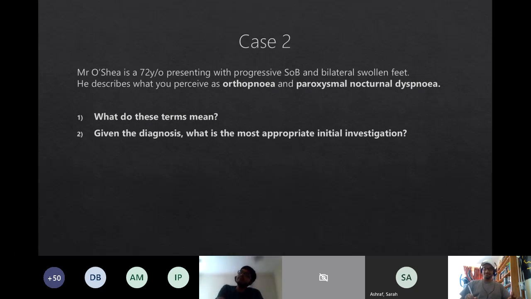So orthopnea is shortness of breath lying down. And paroxysmal nocturnal dyspnea means sometimes at night you wake up short of breath. Yep, precisely. And given the diagnosis, what is the most appropriate initial investigation?